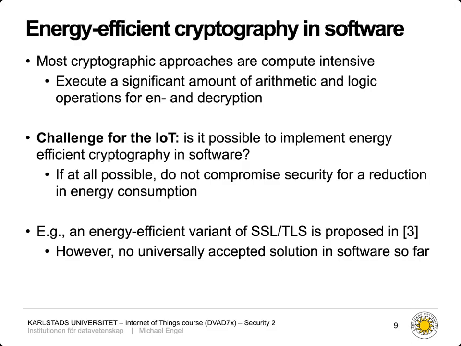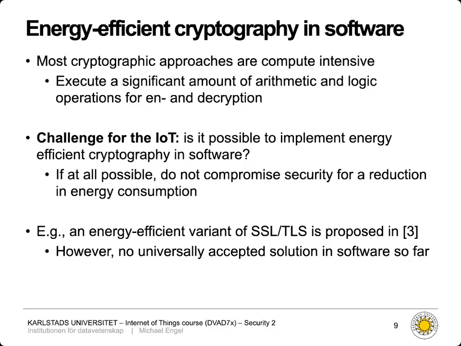And we want to avoid compromising security for a reduction, for example, in energy consumption. Now, there are approaches for this. For example, there's an energy-efficient variant of the SSL TLS crypto standard proposed in a paper which we link here. However, there is no universally accepted IoT-specific solution for resource-efficient cryptography.